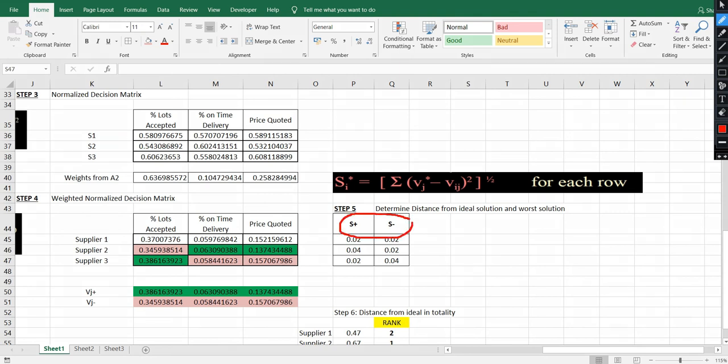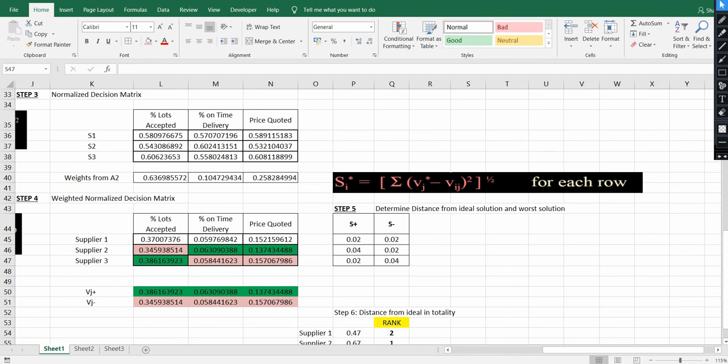For supplier 1, what is the formula? It is the summation of Vj star, that is Vj plus or Vj minus, minus Vij, where Vij stands for the cell values, and square, and then under root, right? So in this way we have calculated the values of S1 plus and S1 minus, right?